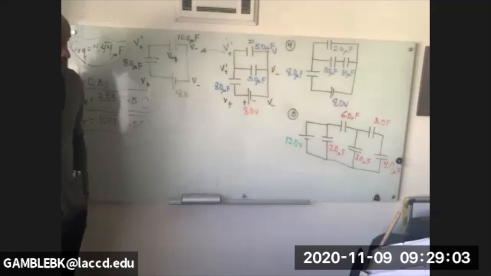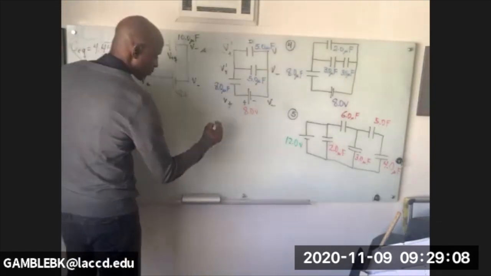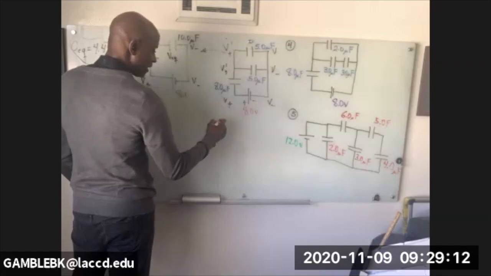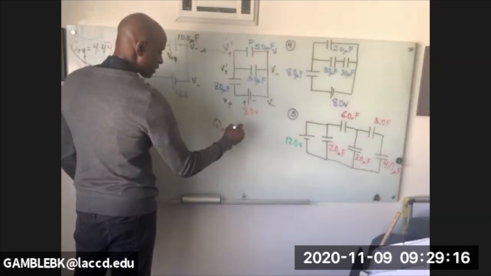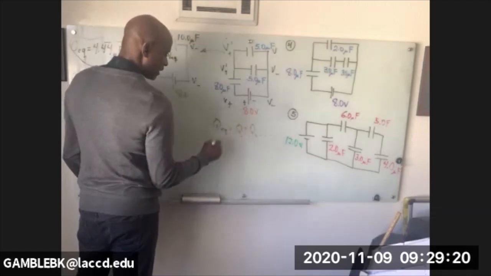Wait, so how did you come to the conclusion that it was half? So remember the rules. For capacitors in parallel, Q equivalent equals Q1 plus Q2, right?